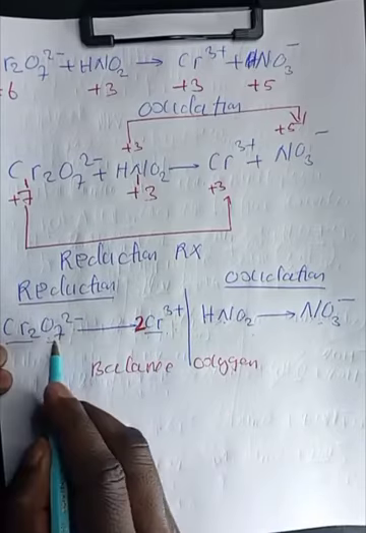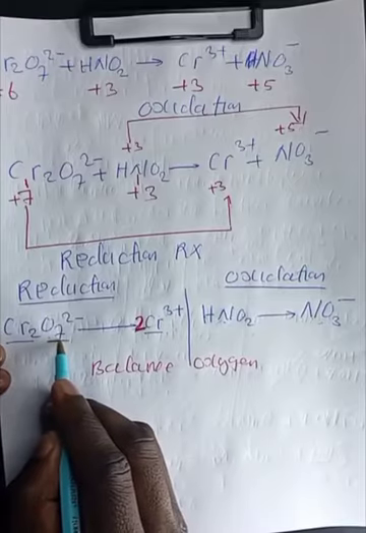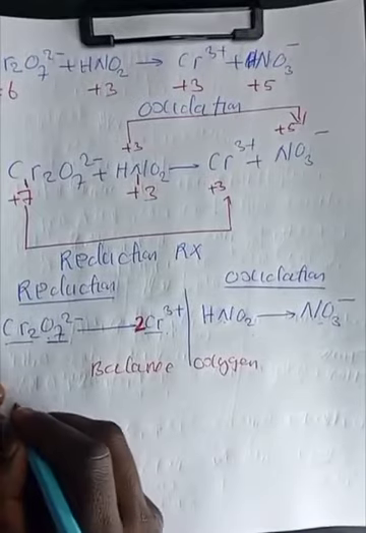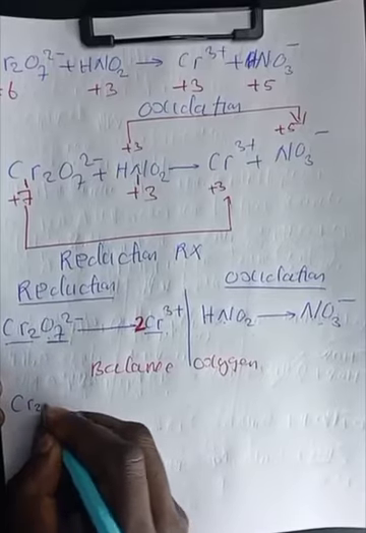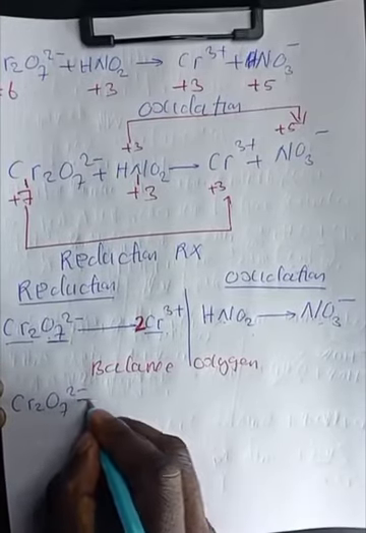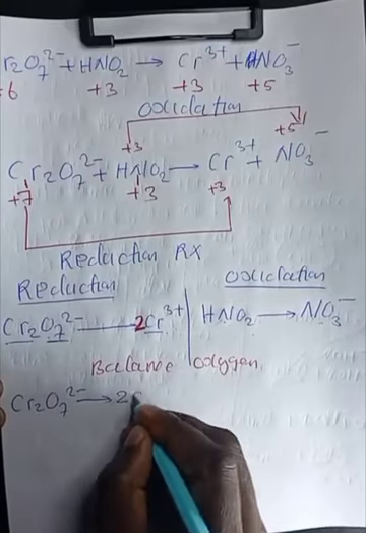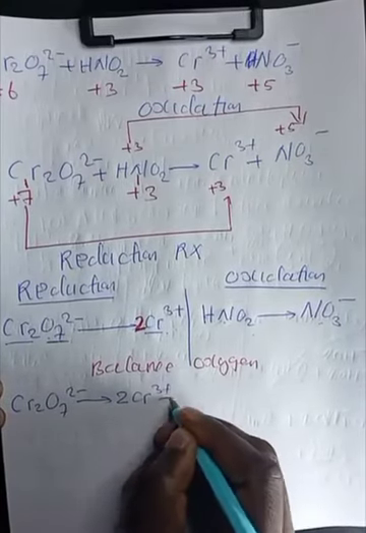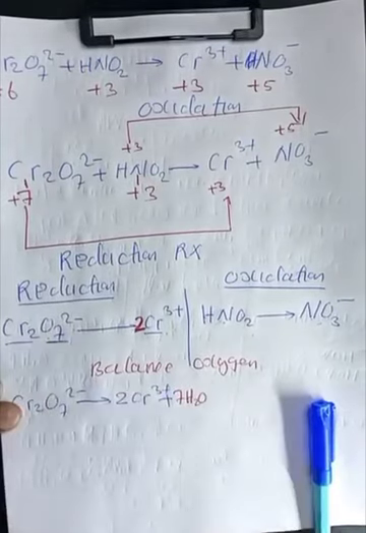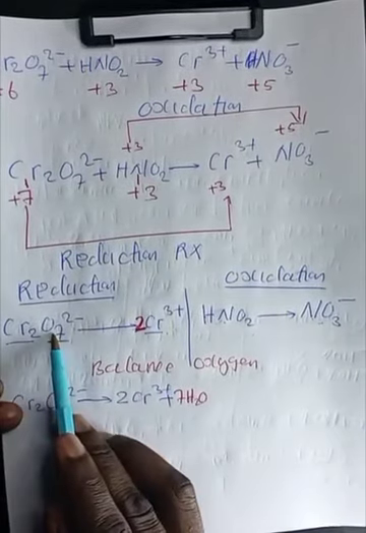Remember, to balance oxygen, we use the appropriate number of water molecules. So this will be Cr2O7 minus, giving us 2 Cr3 plus, plus 7H2O, because we have 7.